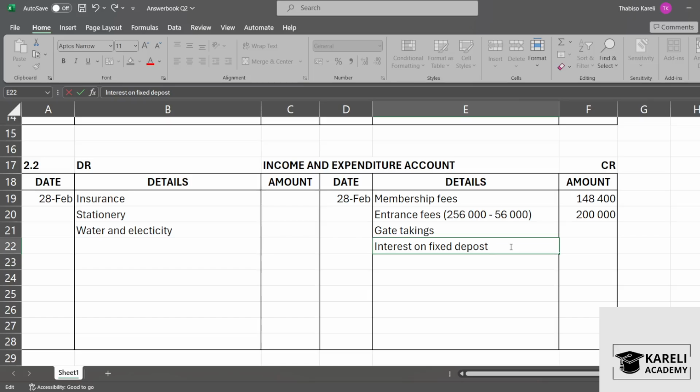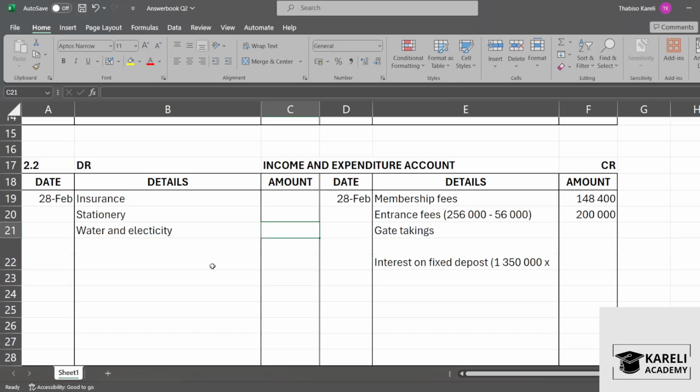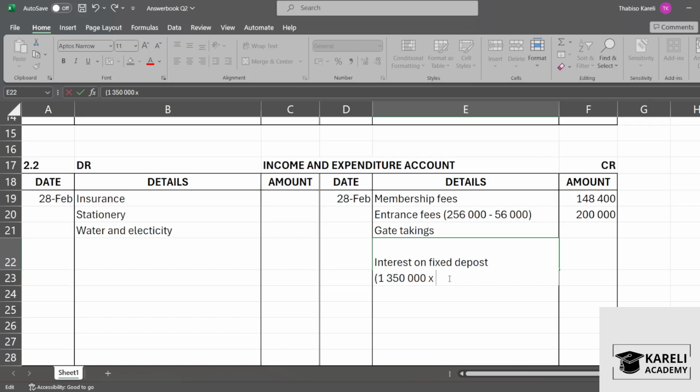We are now going to say 1,350,000, and then we multiply that by 12%. That was given as our percentage.